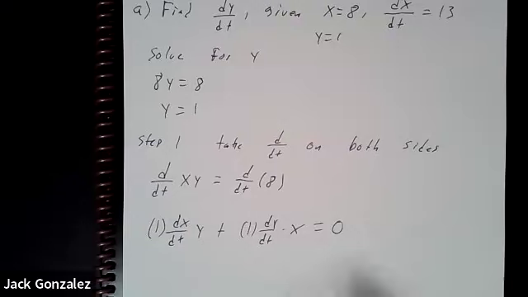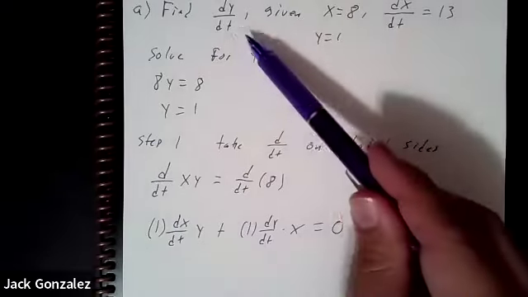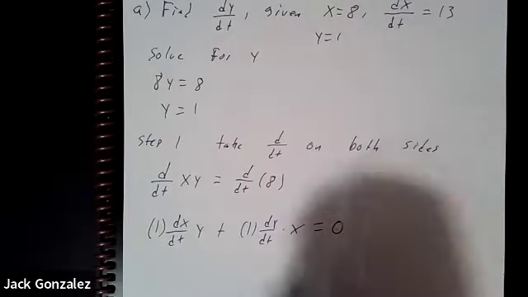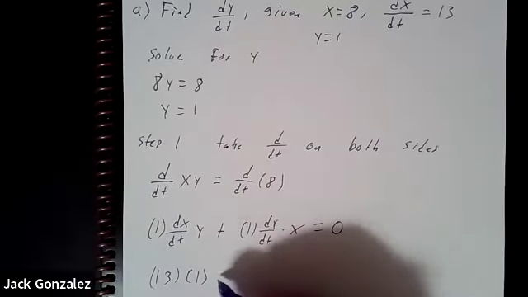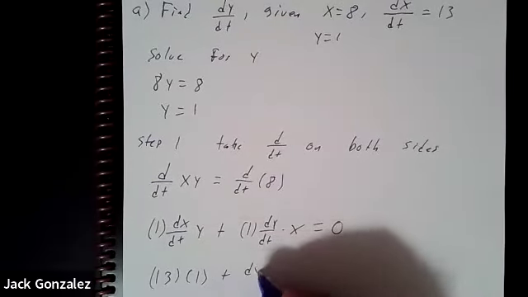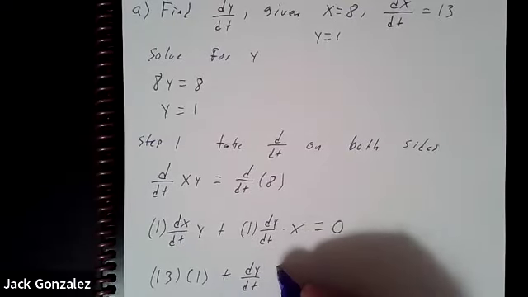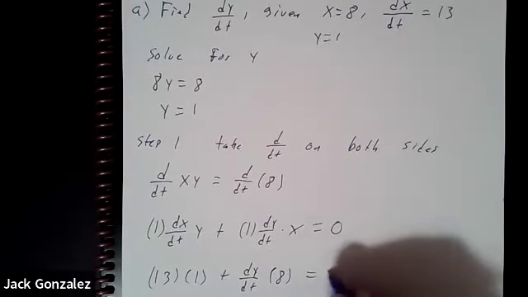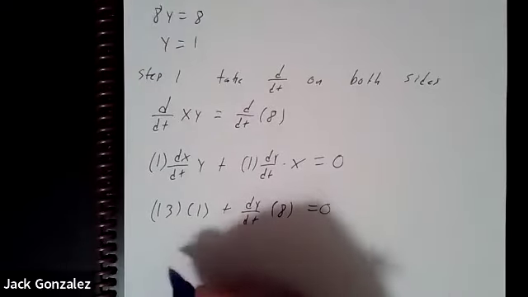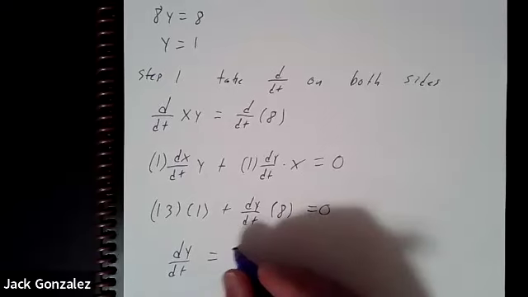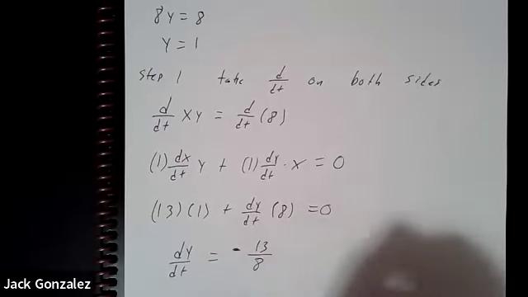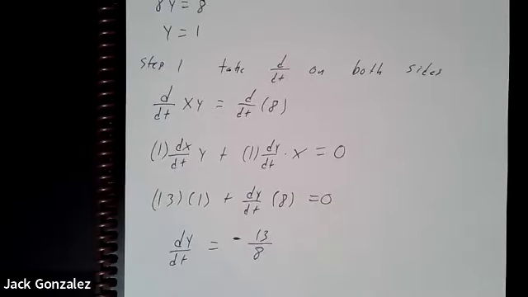Okay, so this is plug in everything and solve for dy dt. So dx dt is 13, y is 1, dy dt is what we're looking for, x is 8. So let's skip a minor algebra step. You get negative 13 over 8. Is that okay?